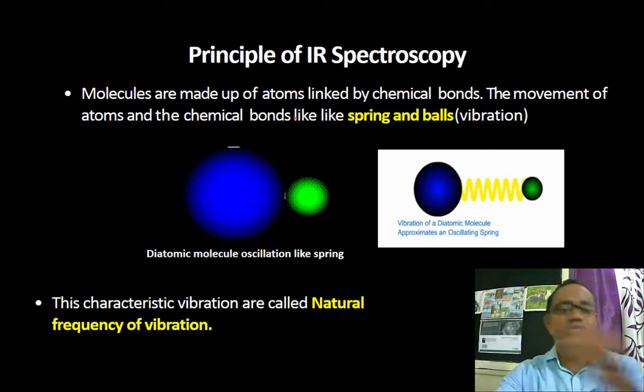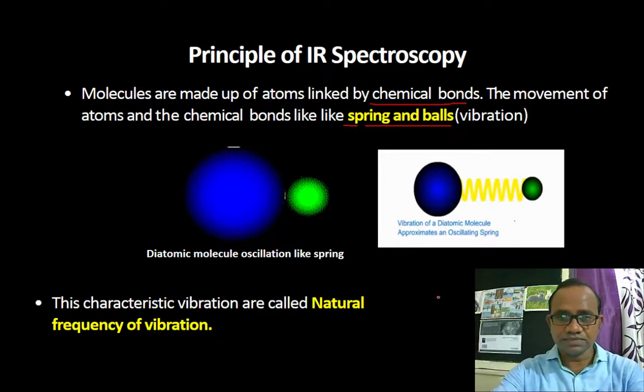In case of this principle, the chemical bond between two atoms vibrates like a spring and ball. This spring and ball vibration is caused due to the incidence of infrared light over the molecules. This vibration can be utilized in the analysis of a sample.